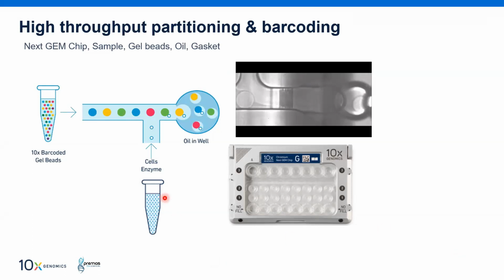So the first job is to prepare the cell suspension. So we have to do counting, we have to do QC of the cells in terms of viability of those cells, the number of cells, the size of the cells, the debris.